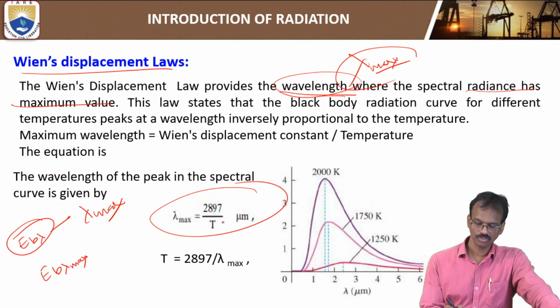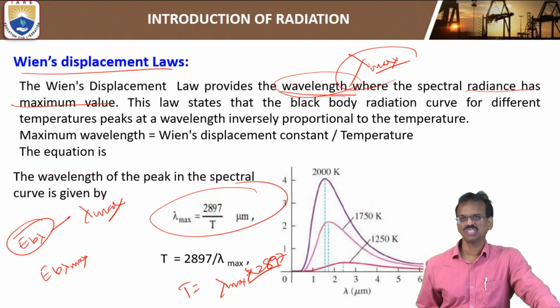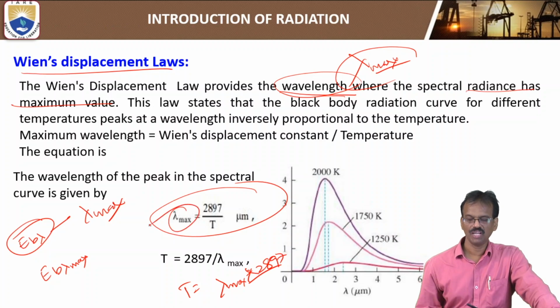Then you can rewrite it like this: T is equal to lambda max into 2897. This is the value. If you substitute this lambda max value in Max Planck's law, what is Max Planck's law?